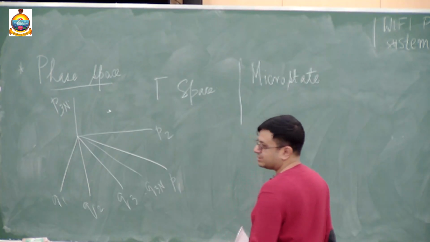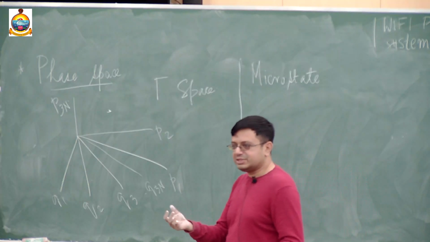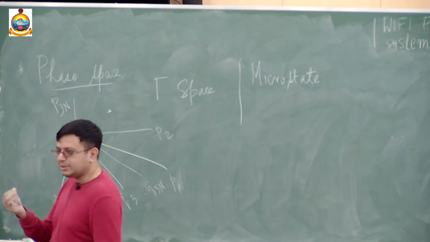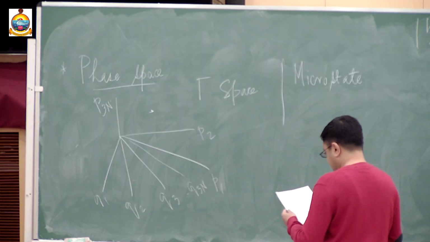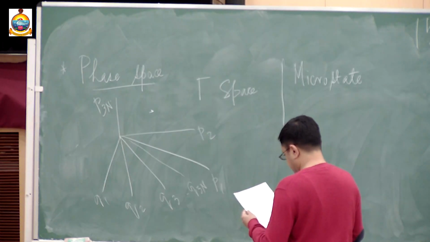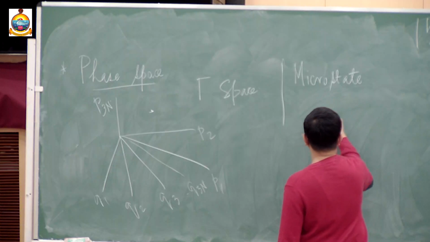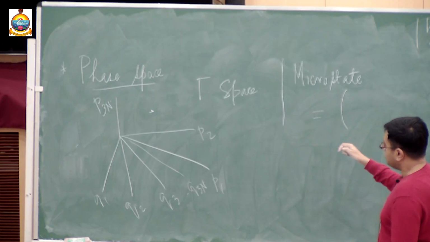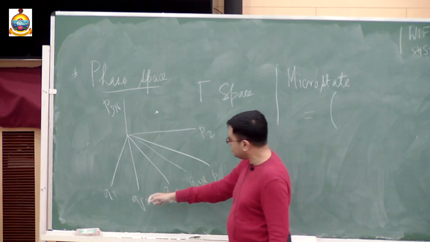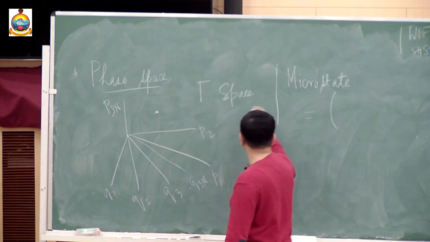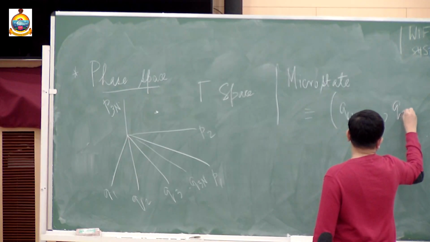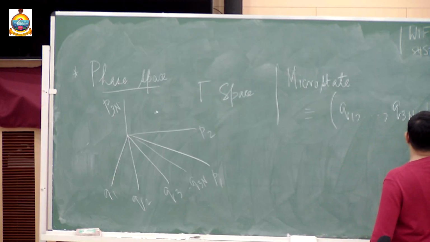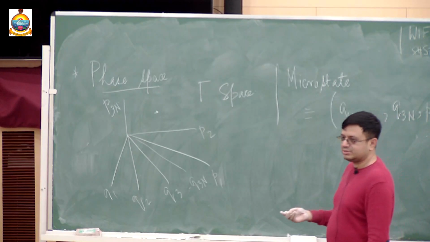That leads us to the definition of a microstate. What's a microstate? It's the configuration of the system, the microscopic information about the system. A microstate is defined by giving the values of all the 6n dynamical variables, the Q's and the P's.